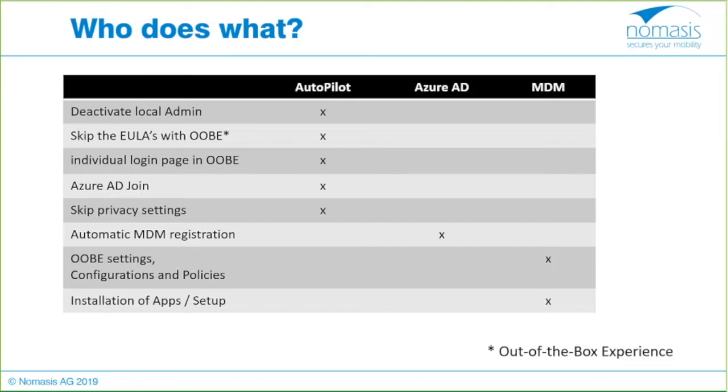This is a setting which I will show you later. Then you can customize an individual login page. You do the Azure AD join. You skip all the privacy settings. This is all done by Autopilot.